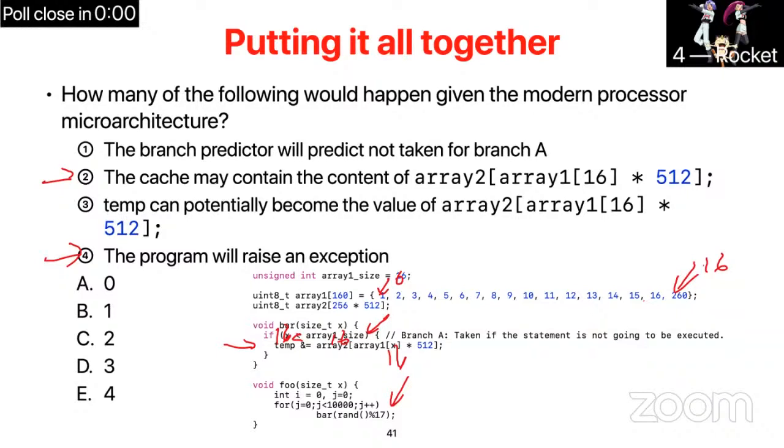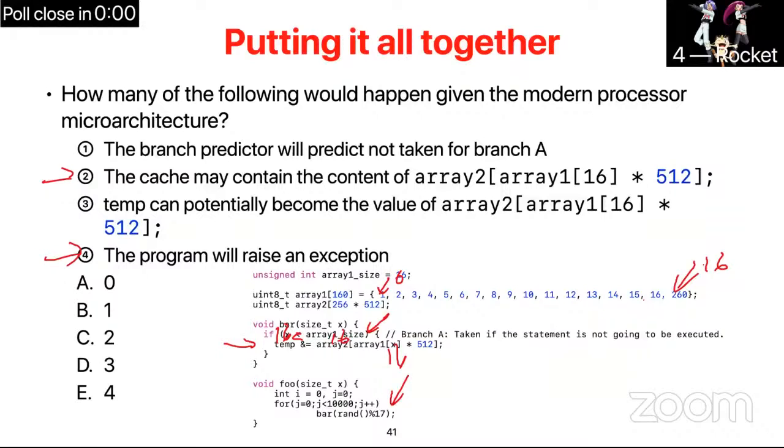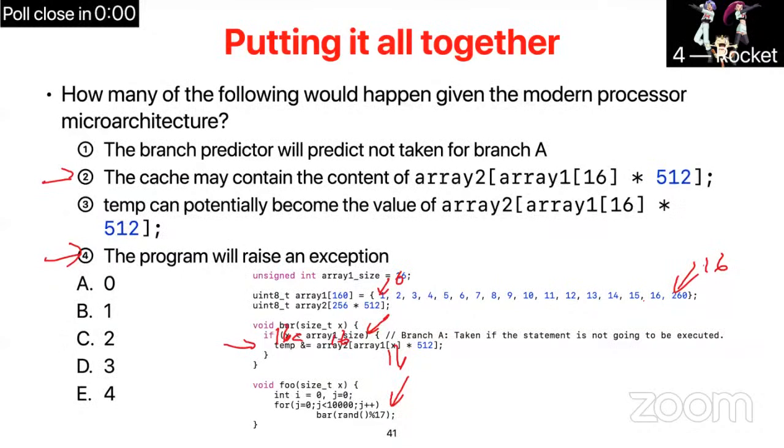Okay, Daniel, that's Valor. Yeah, I think that you could still end up with array 2 at array 116 in cache because of locality, and it's going to bring the entire block in. And since they're only 8-bit integers. No, it's actually uint8. Oh, so yeah, it's 8-bit. Right.